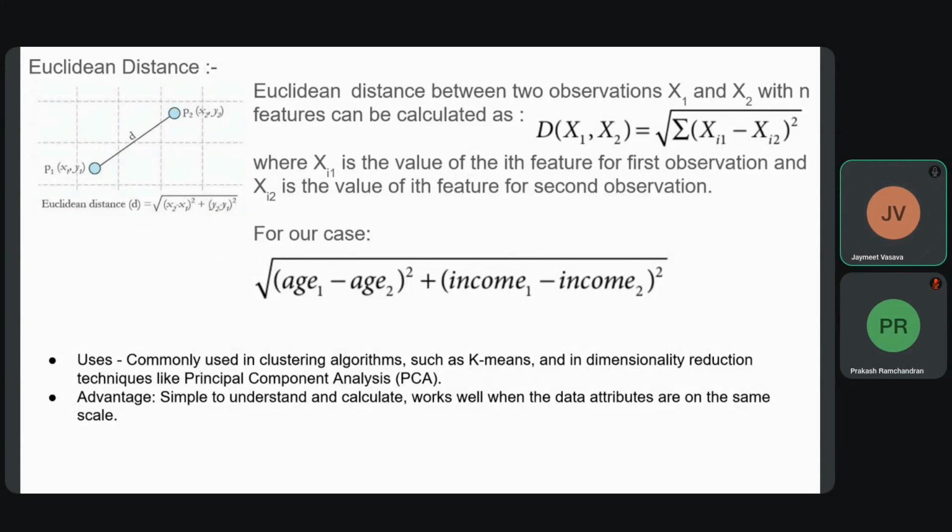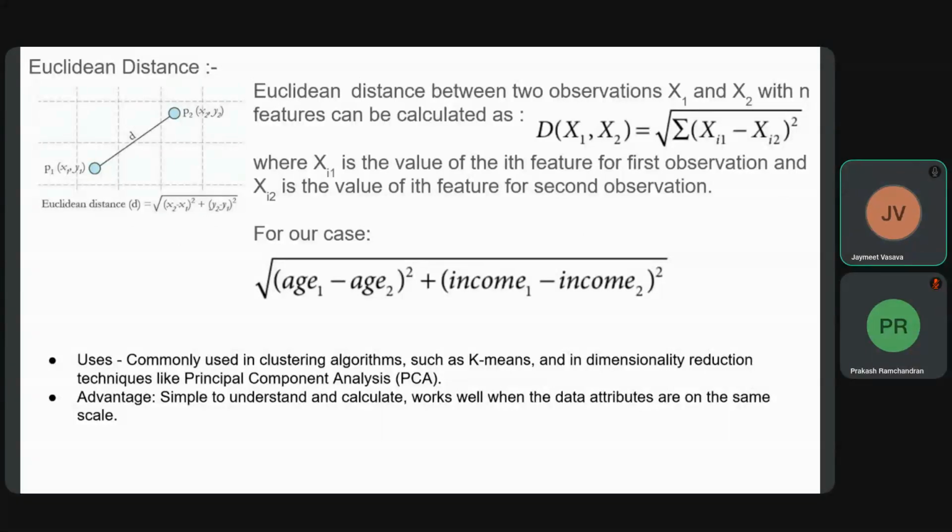It's used in the graph whenever we want to calculate a distance with the help of x and y coordinates. It's calculated as the square root of (x2 minus x1) whole square plus (y2 minus y1) whole square.